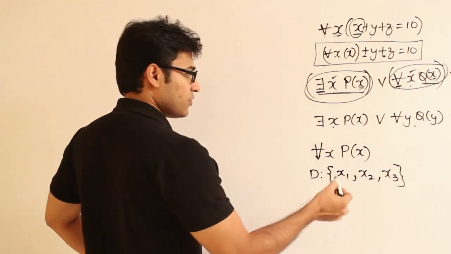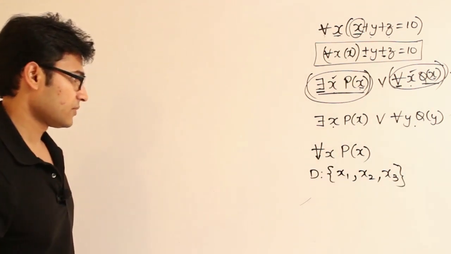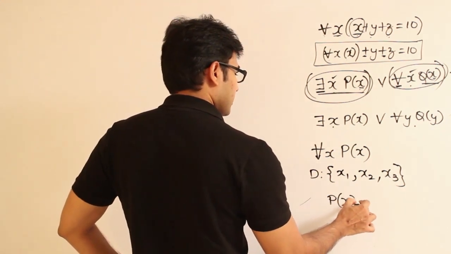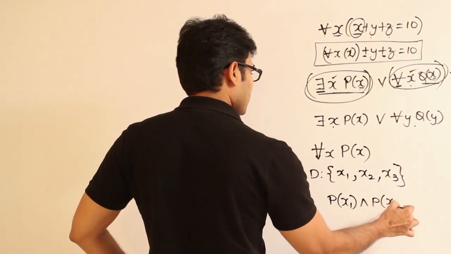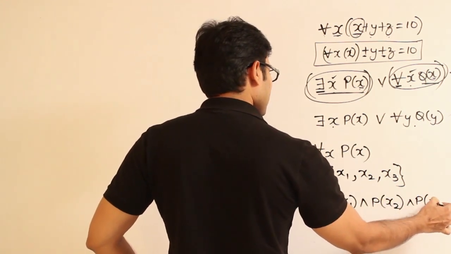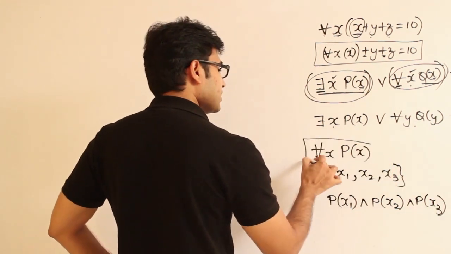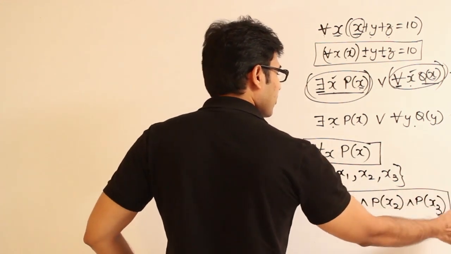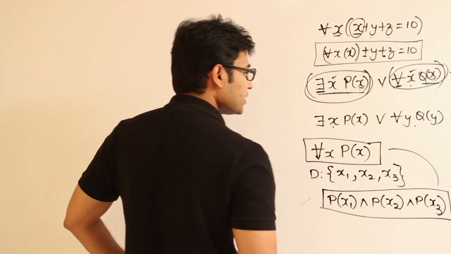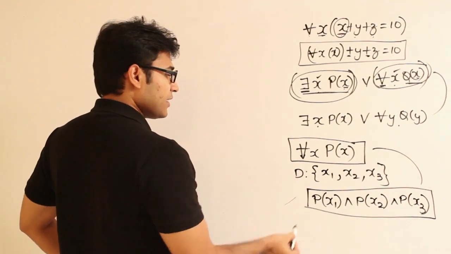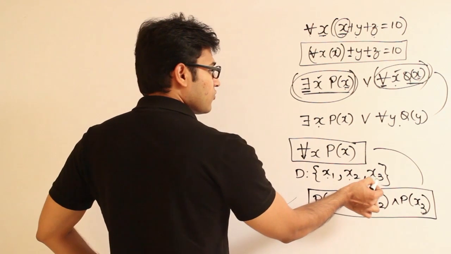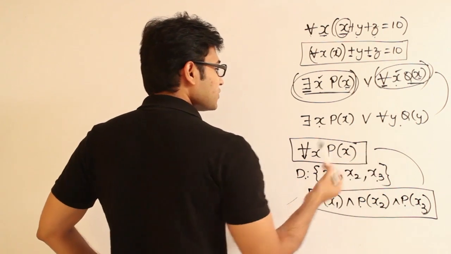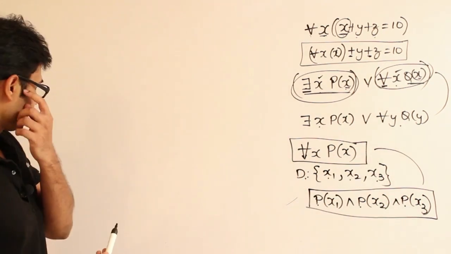Now I told you that one way of understanding this particular thing is p of x1 and p of x2 and p of x3, which means the truth value of this statement depends on the truth value of this compound statement. These two are actually equivalent. What does it mean? Whenever for every value of the domain the predicate function is true, then only this one is going to be true. I think you know that, isn't it?